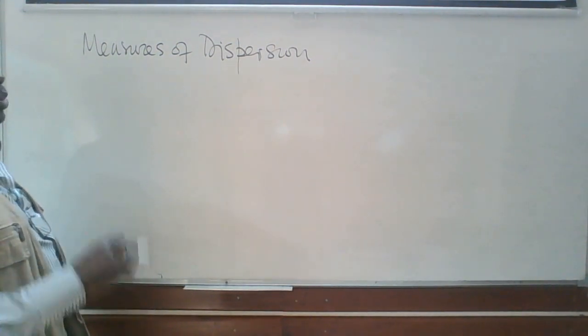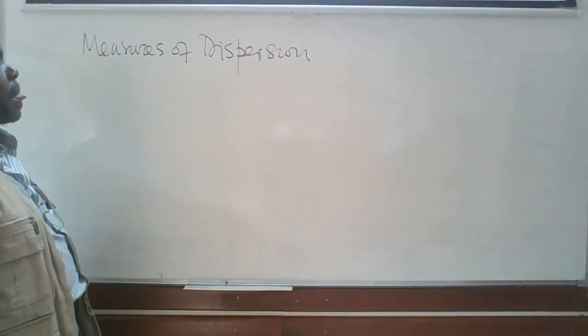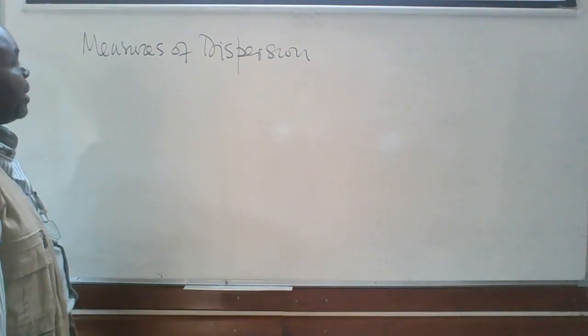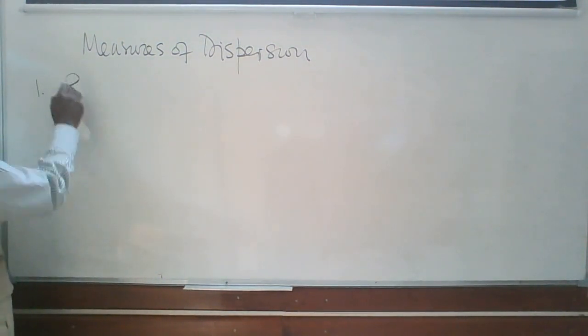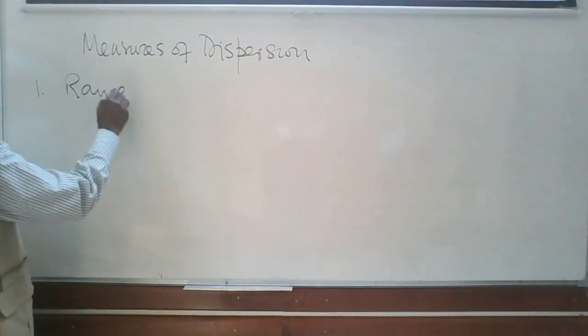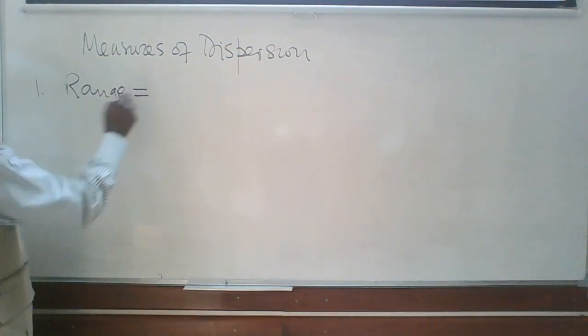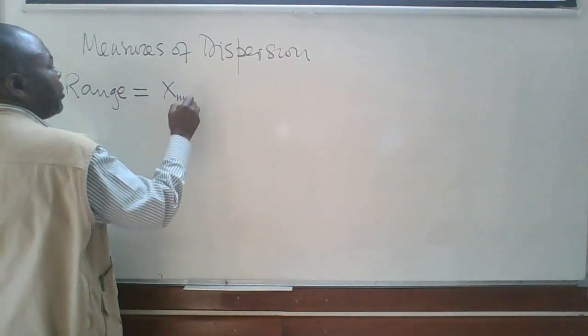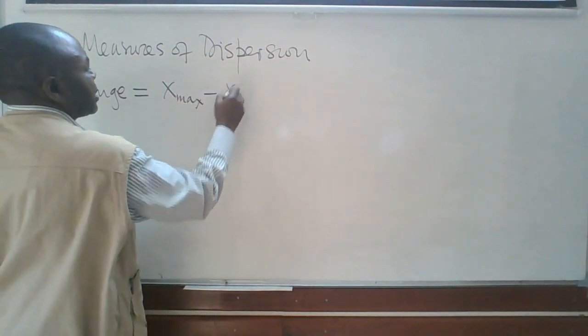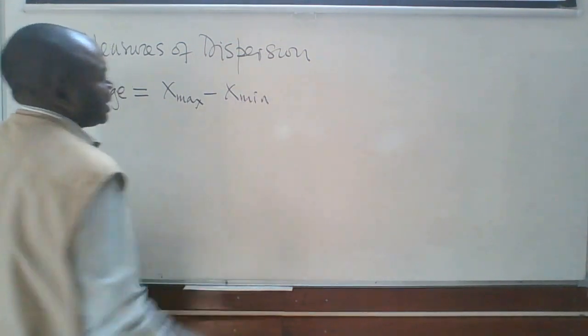Here I'll probably talk about 2 or 3, no more. And the first one that I want to talk about is the range. Okay? Range, I'll give the formula already. Range is equal to the maximum value of the data minus the minimum value of the data.